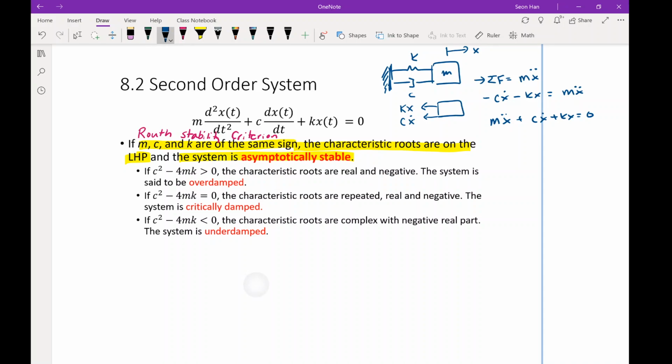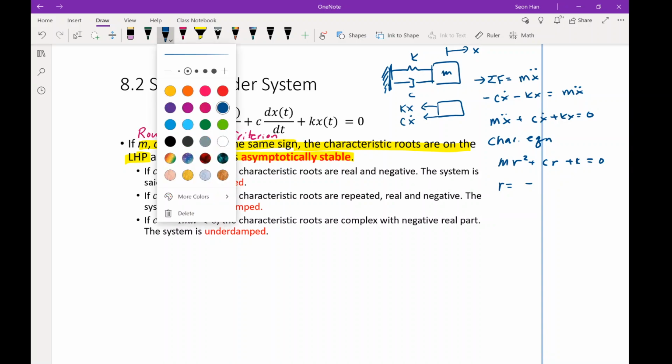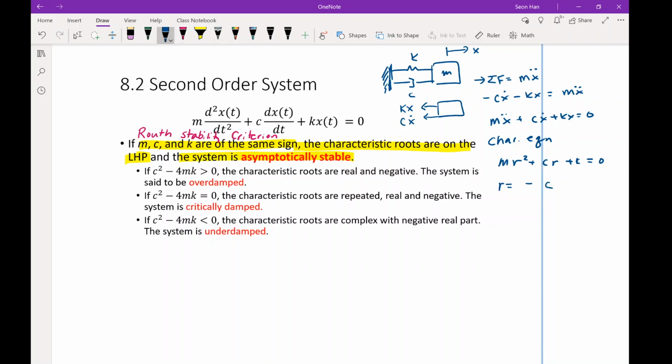For the second order, it's not that difficult to show that this is true. We have a characteristic equation given by m r squared plus c r plus k equals 0. Using the quadratic equation, r equals minus b plus or minus square root of b squared minus 4ac, all over 2a. Here, r equals minus c plus or minus square root of c squared minus 4mk, the whole thing divided by 2m.